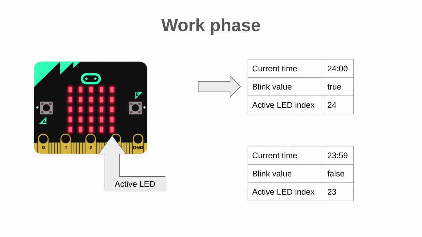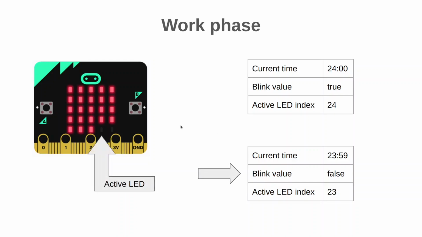Current time will drop for 1 second, which means that active LED will move to the left, and the active LED index will be 23. What does it mean? Is that this LED will no longer be turned on, and this LED will have the new blink value of false. So let's see how it's working. And this is something that we want to avoid. This is the example of the work phase.